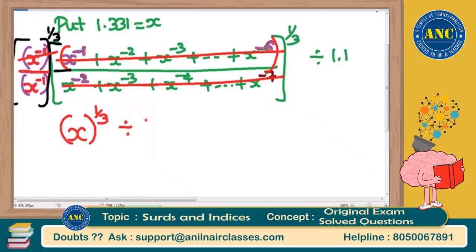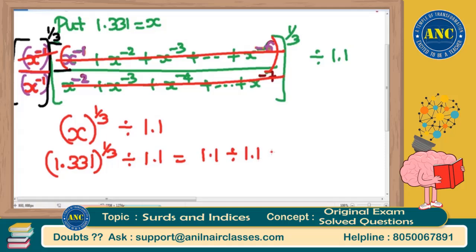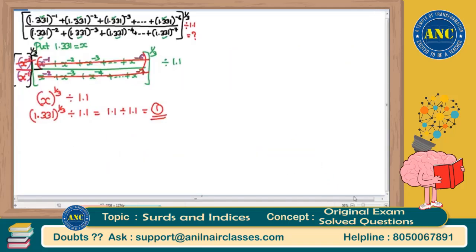X value divided by 1.1, I will write it as it is. X value is 1.331 power 1 by 3 divided by 1.1. 1.331 is nothing but the cube of 1.1, so the cube root is 1.1. 1.1 divided by 1.1, the answer is 1. Beautiful question. Answer for this question is 1.